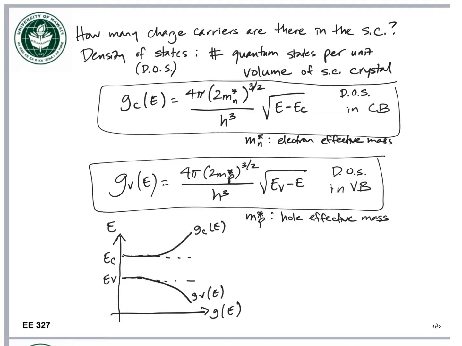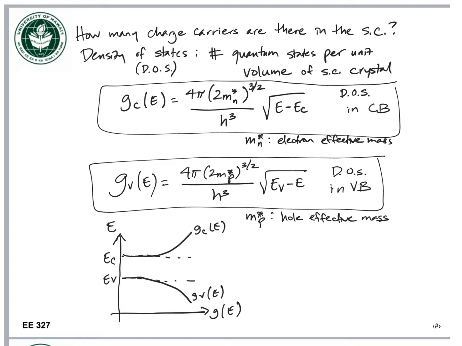On Wednesday, we have a function called the density of states, which is telling us how many quantum states are there per unit volume of our semiconductor crystal. So this would be the total possible number of charge carriers available at any particular energy, because that's the total number of states that there would be there.